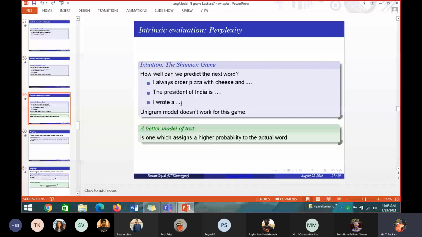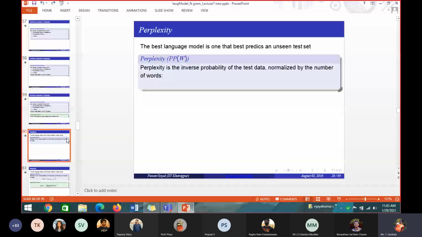Okay, now we'll go to the definition of perplexity. In general, we want the best language model to predict the unseen test data. So assume that we have some test data, and I want to find the inverse probability. The test data has multiple words, given as W1 to Wn.